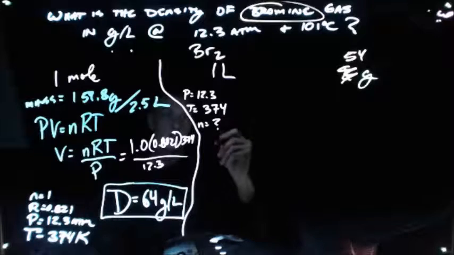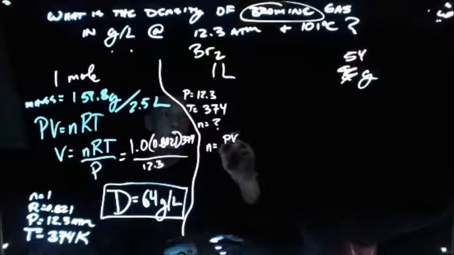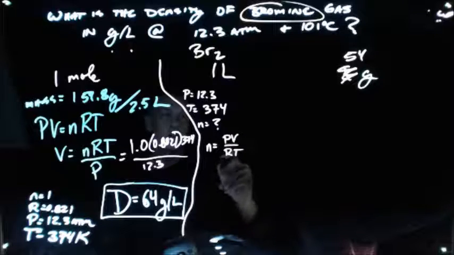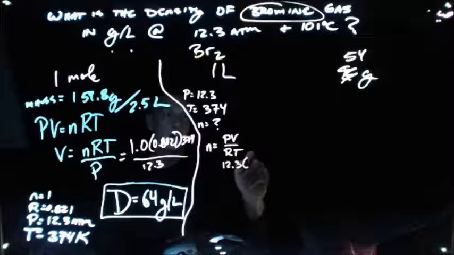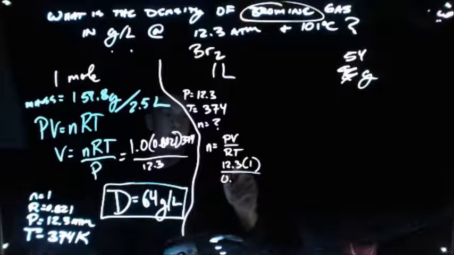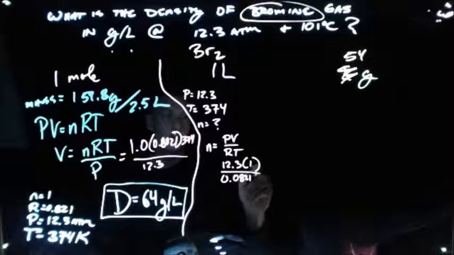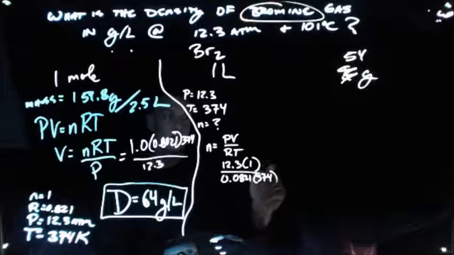Moles is going to equal PV over RT. So moles equals 12.3 times 1 divided by 0.0821 times 374.